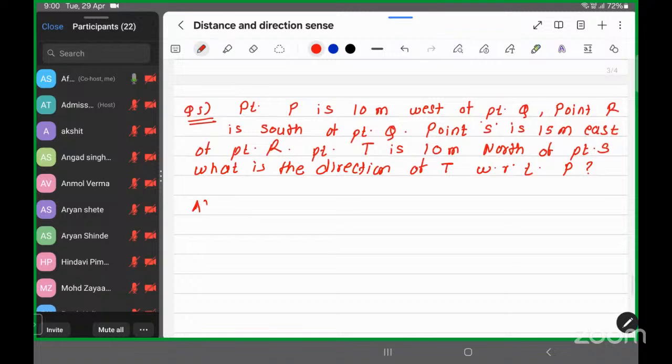Option A north, option B southeast, option C northeast, and option D south.